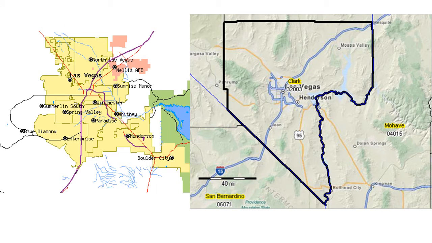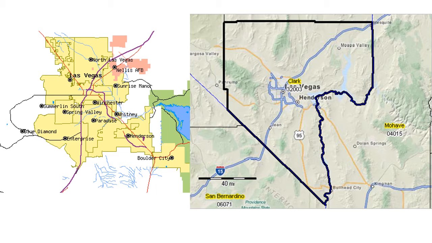So let's look at some examples here, right? These maps show examples of what we are talking about here. The map on the left shows the Las Vegas Valley and the various communities and cities that make up the Las Vegas metropolitan area. Only Las Vegas, Henderson, and North Las Vegas are full cities though.